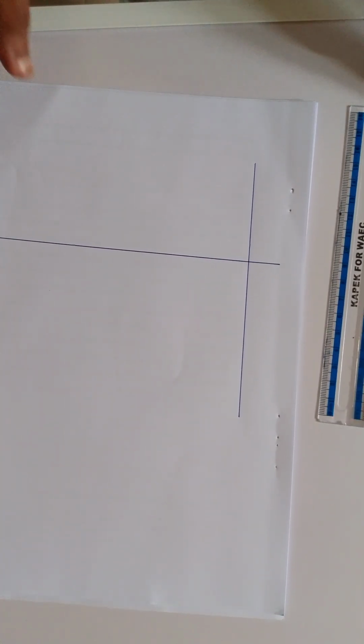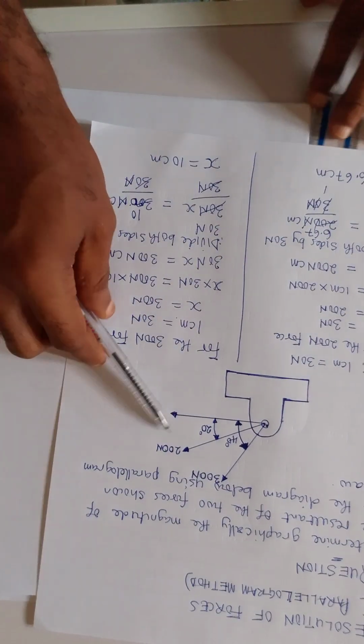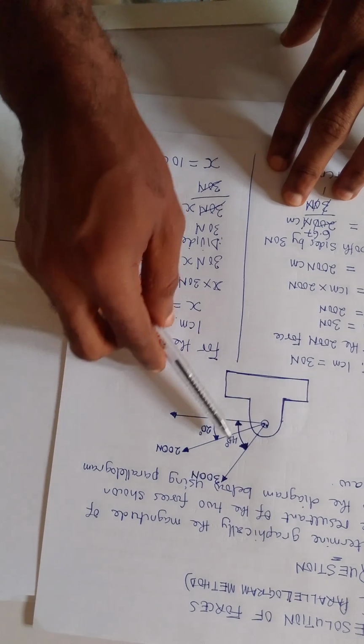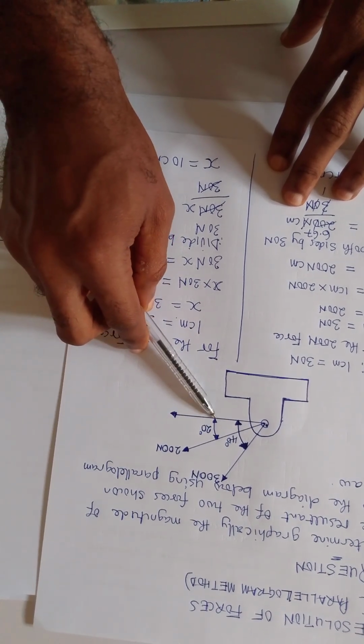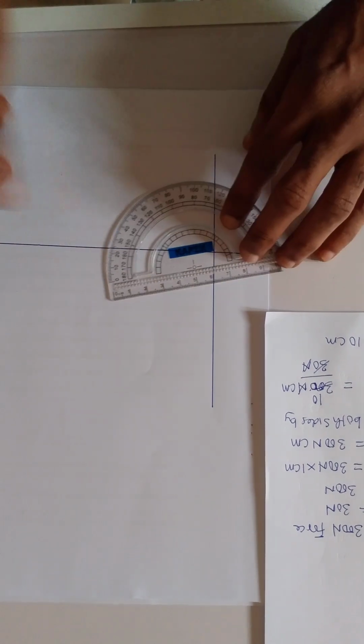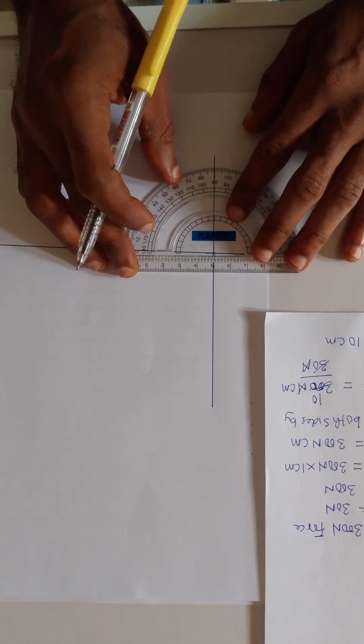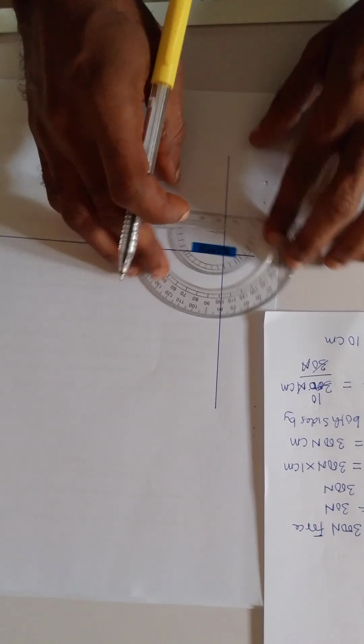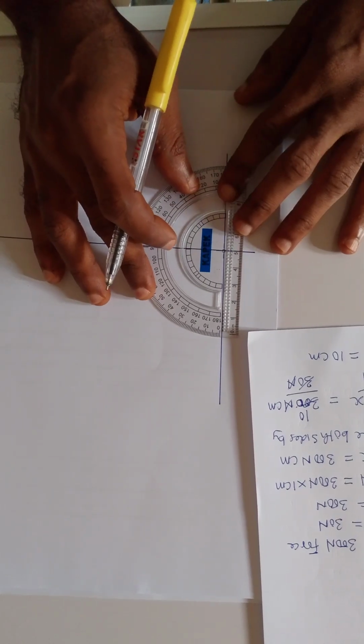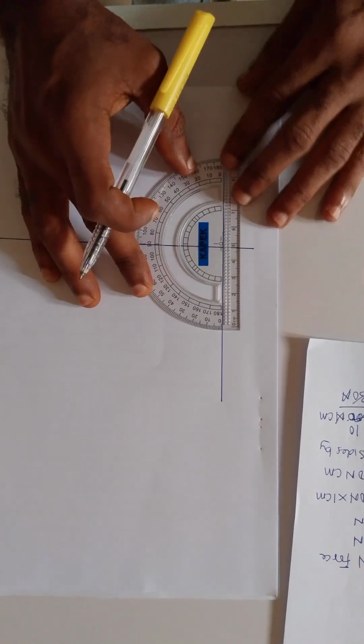So the next thing is for us to start with the first force, which is the 200 Newton force. This is the 200 Newton force, and it is inclined at 20 degrees to the horizontal line. So we bring our protractor, we place it here, and ensure that this is how to place it.